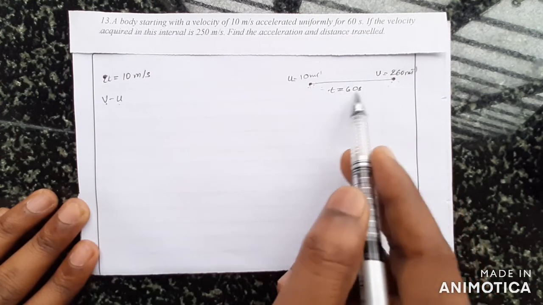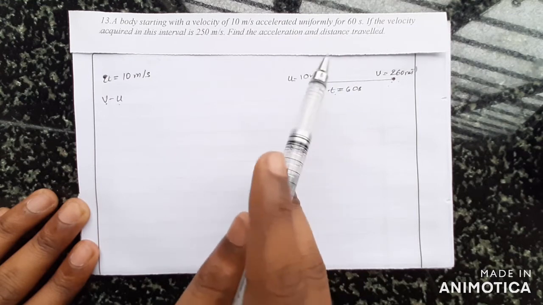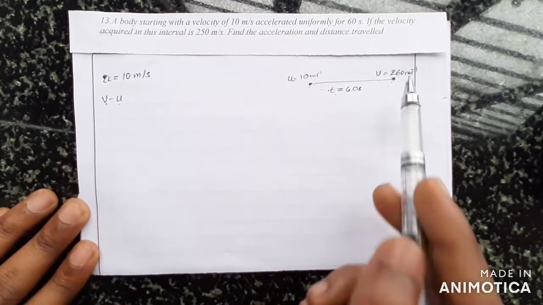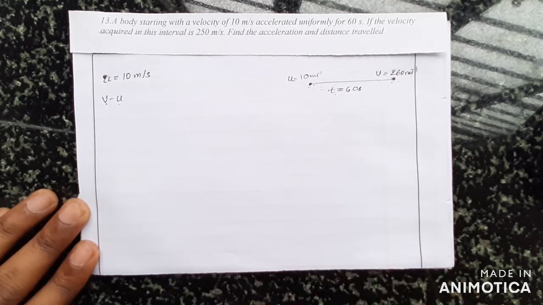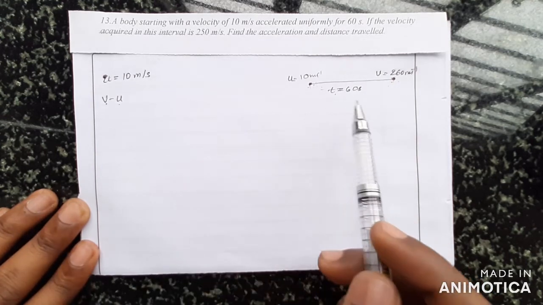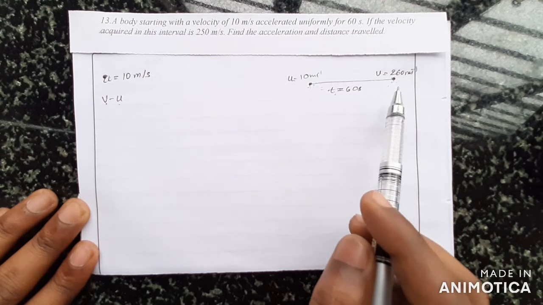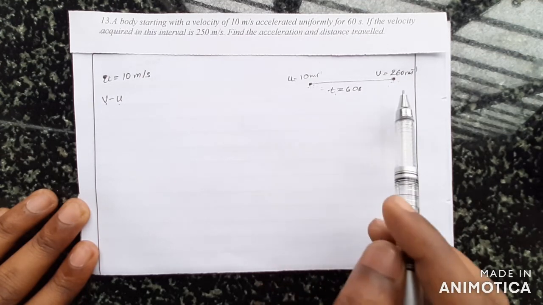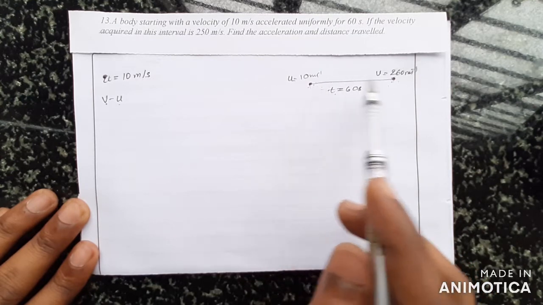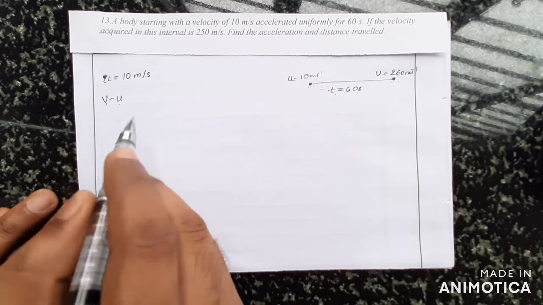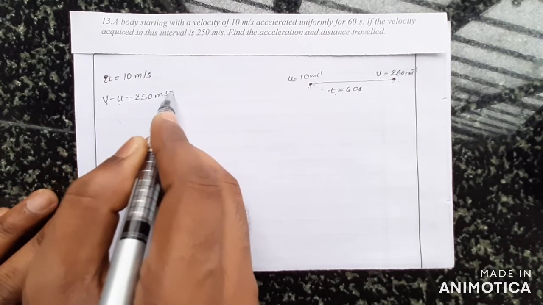If they had simply said the velocity acquired by the body is 250, then v would simply be 250, because then they would be telling you about the total velocity acquired from rest. So now what they have given is v minus u equal to 250 meter per second.